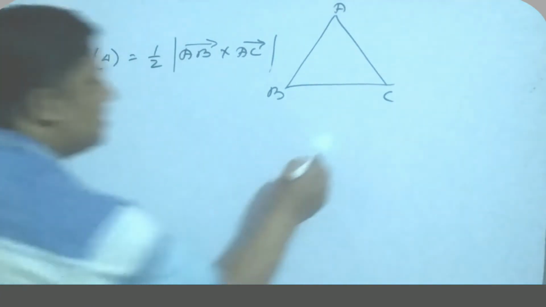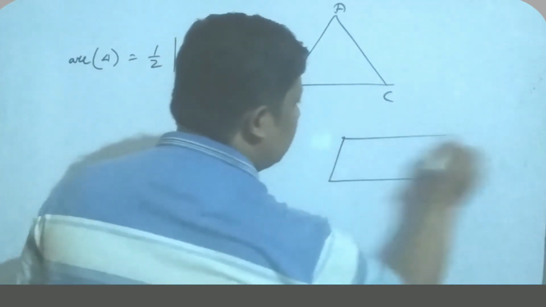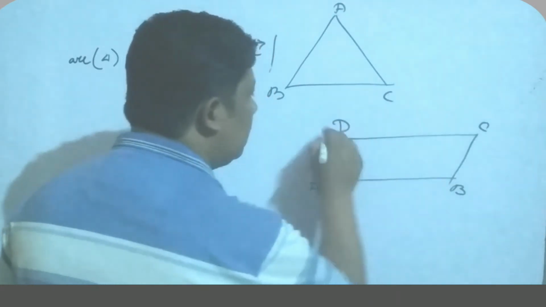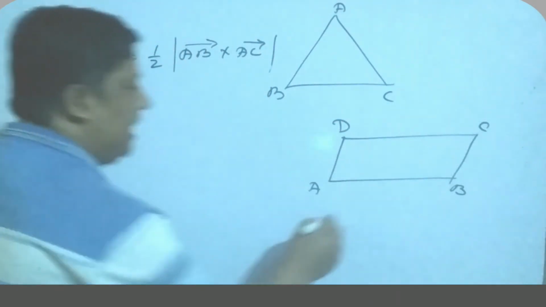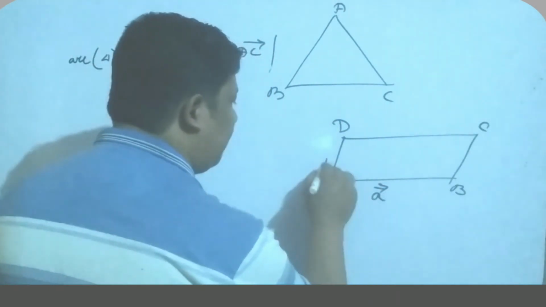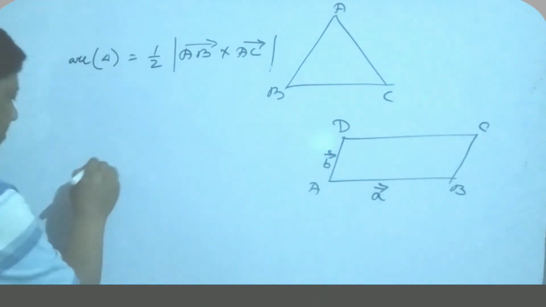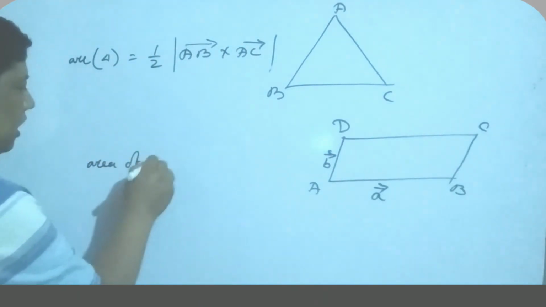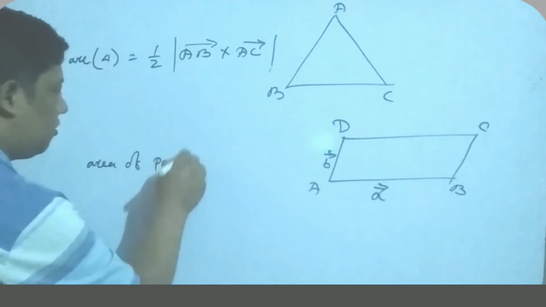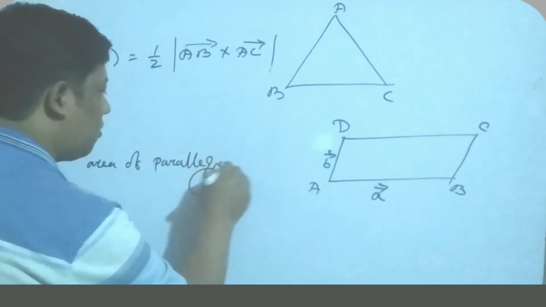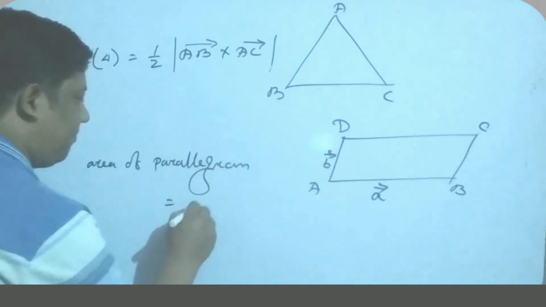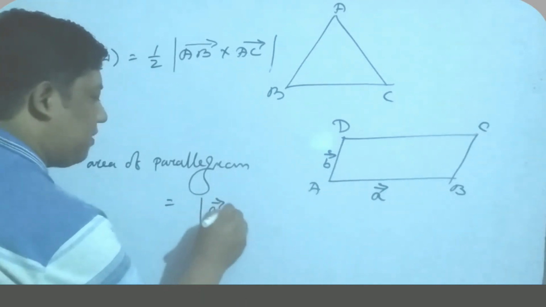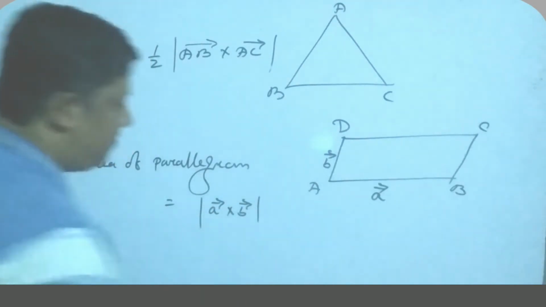Next, suppose it is a parallelogram ABCD. Then the adjacent sides are AB and AD. So the area of the parallelogram is given by the magnitude of the cross product of the adjacent sides.